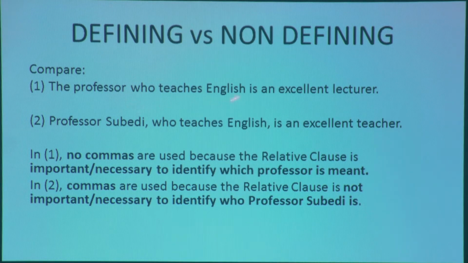"Who teaches English" is the relative clause, but there is no comma, so it means this is essential, a defining relative clause. But here, in Professor Subedi, who teaches English, inside the commas there is some extra information.